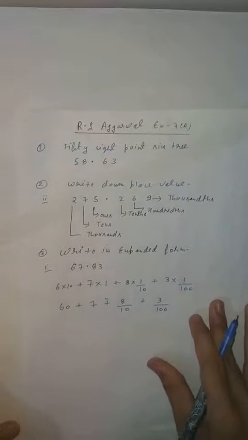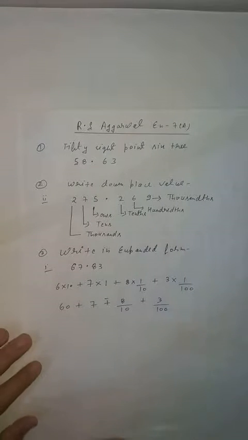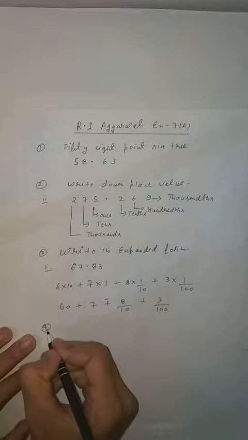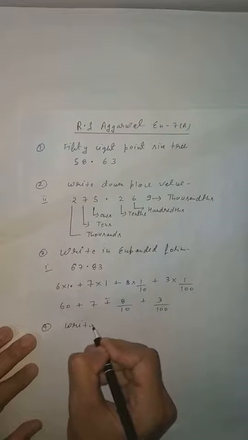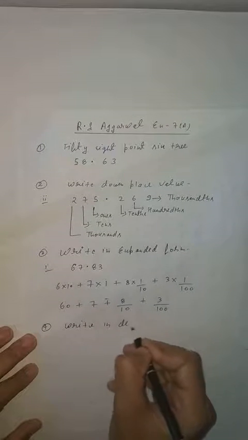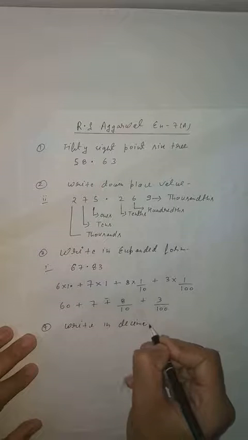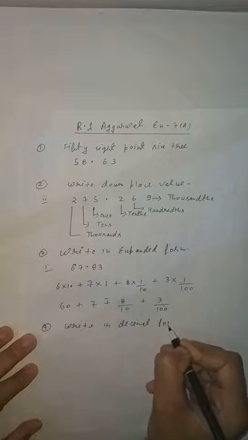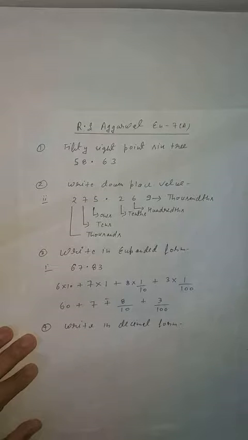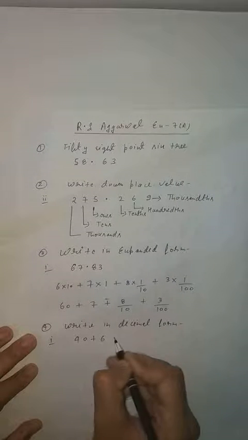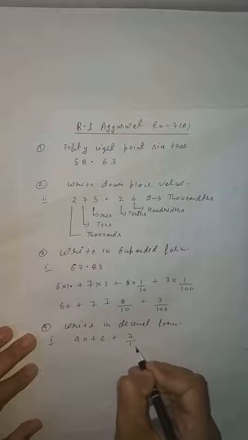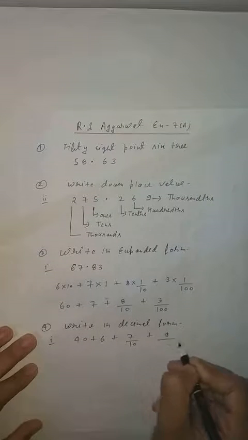Now come to question number 4. Write in decimal form. Clear, student? The same type of question is given: 40 plus 6 plus 7 by 10 plus 9 by 100.